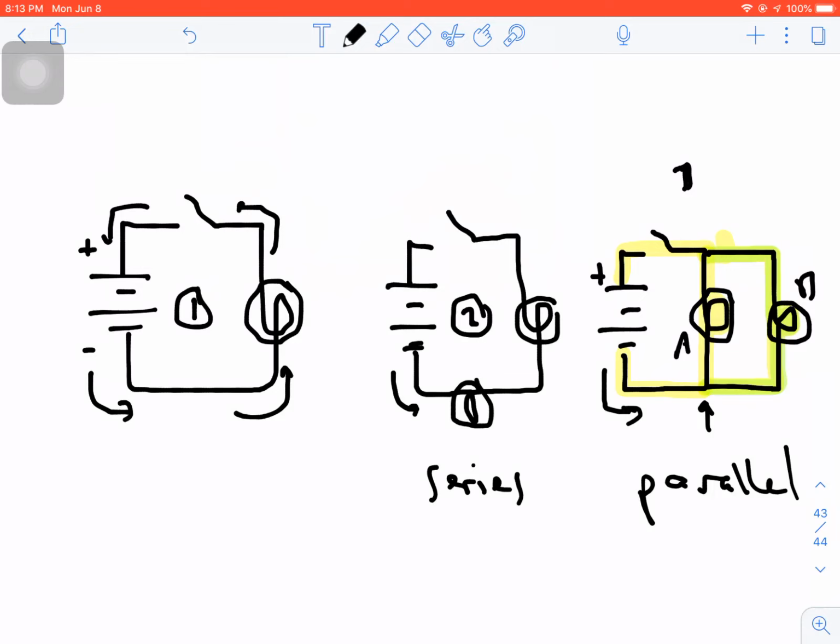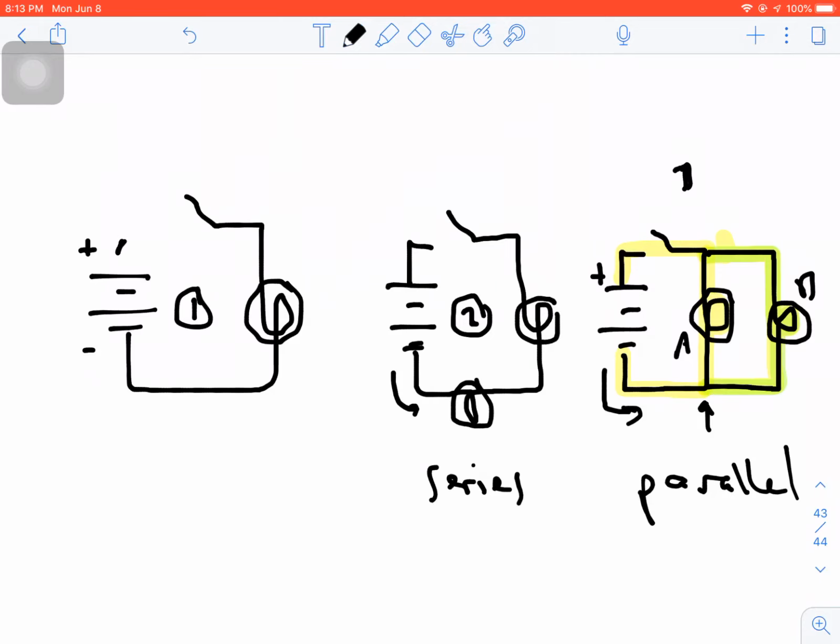Now, notice that if I wanted to measure current in this circuit now, so let's get rid of these arrows from here. If I wanted to figure out how fast electrons were traveling through here, I could put an ammeter anywhere, and we did this yesterday, anywhere in the circuit, and it will measure the speed. So let's just take this piece out here and put an ammeter in there.